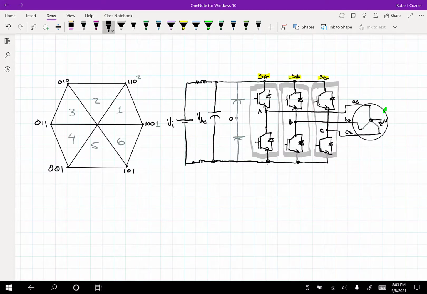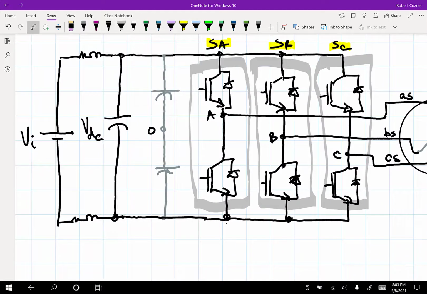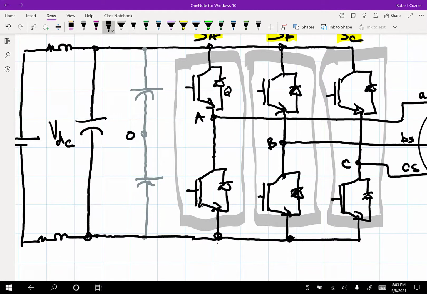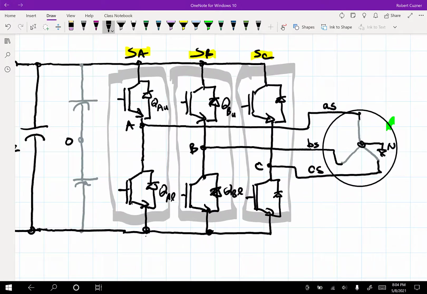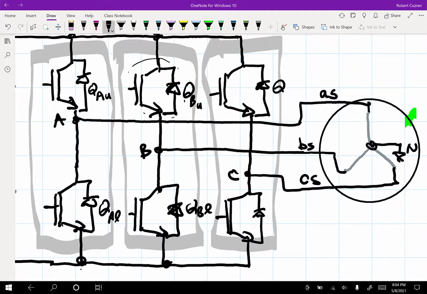So we said, if I can zoom in here just for a moment to clarify, we call this the transistor QA upper and QA lower, QB upper, QB lower. And we treat this, even though you've got a transistor, an IGBT, and a diode in parallel, it's like one switch that can pass current in 2 directions. We have the QC upper and the QC lower.